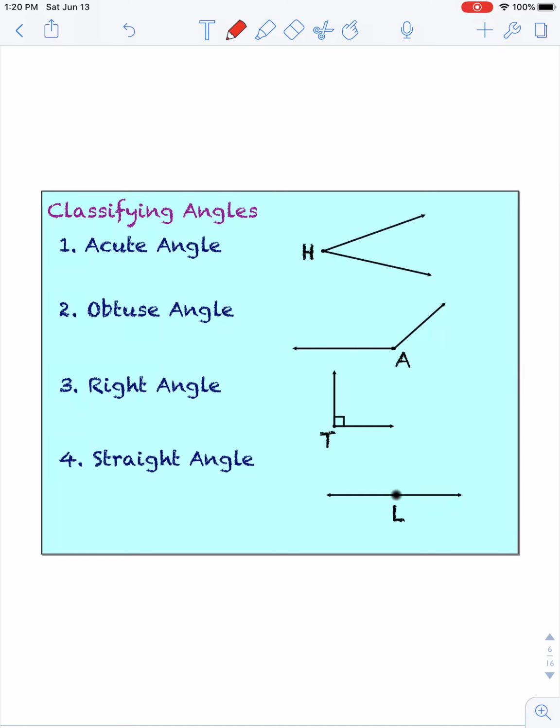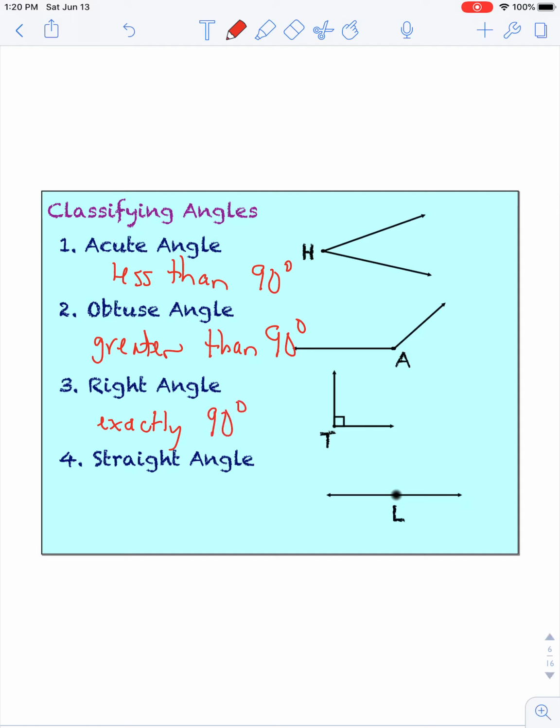An acute angle is always an angle that is less than 90 degrees. And there's an example of one, angle H. An obtuse angle is always greater than 90 degrees. A right angle is exactly 90 degrees. And a straight angle is exactly 180 degrees.